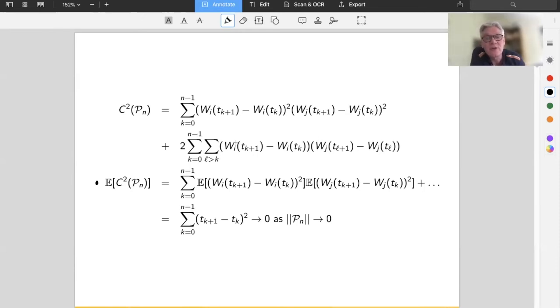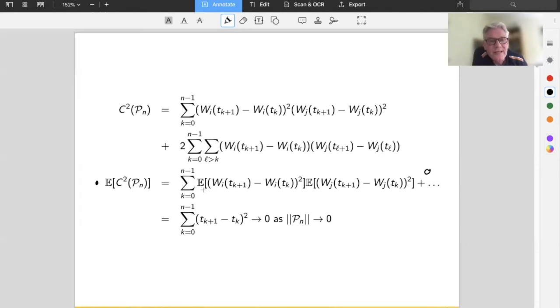In this mixed term, we see only i not equal to j appearing, and these expectations are all 0. So the part that comes from this cross term, we don't write down because it's equal to 0.